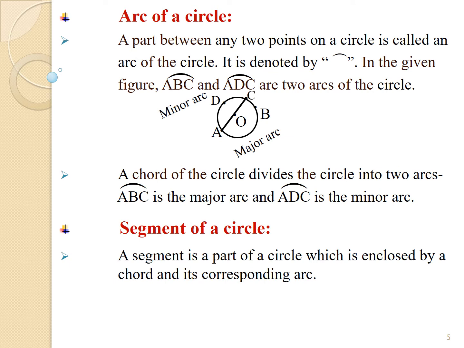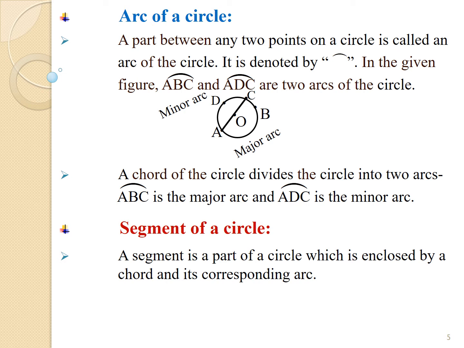Arc of a circle. A path between any 2 points on a circle is called an arc of the circle. It is denoted by the given symbol.